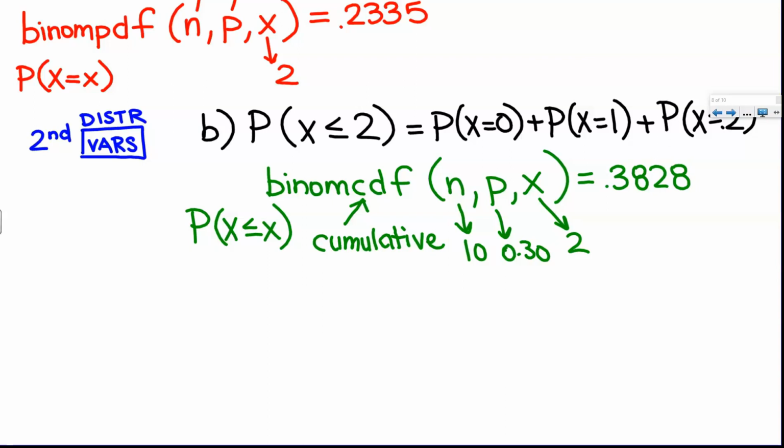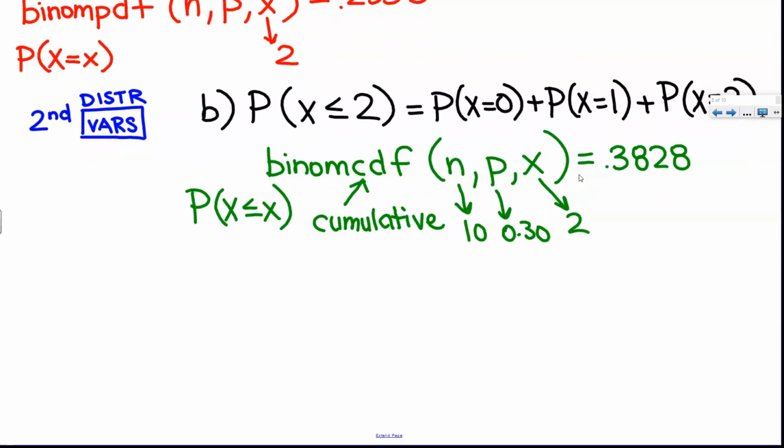How am I going to use those in different ways? Okay, so we looked at finding the probability of x equal to a value, x less than or equal to a value. But of course there are other inequalities we might want to know about. Greater than or equal to, right? What if we said, what's the probability there will be at least 6 successes?